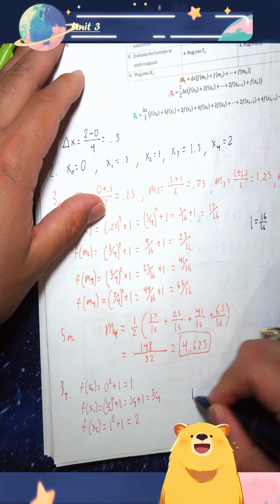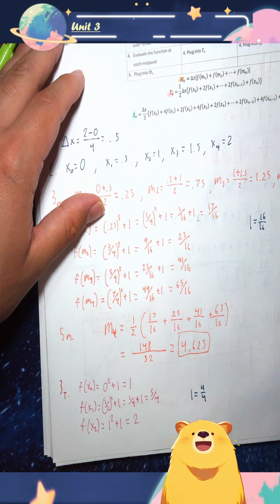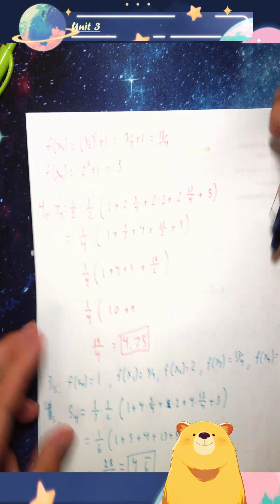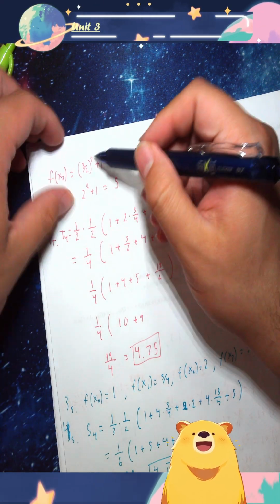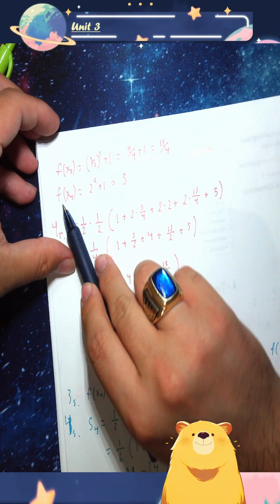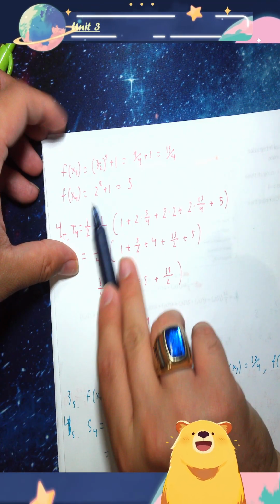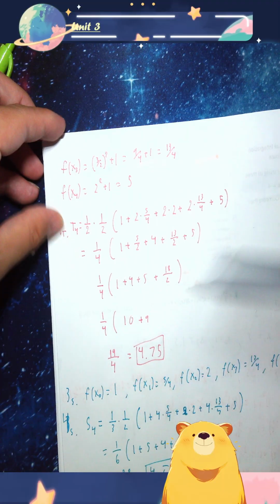I use the fact that 1 is 4 over 4 to get 5 over 4. 1 plus 1, 2. 3 over 2 squared is 9 over 4 plus 1, 13 over 4. And then lastly, 2 squared plus 1, that's 4 plus 1, 5.